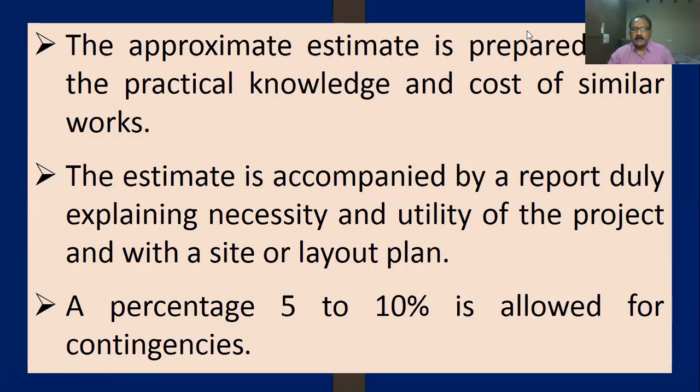The approximate estimate is prepared from the practical knowledge and cost of similar works. For a small house, 2 bedroom, 3 bedroom, your local mestri will give you an approximate cost, say 20 lakhs, 25 lakhs, 15 lakhs for a 1000 SFT, 2 bedroom building.